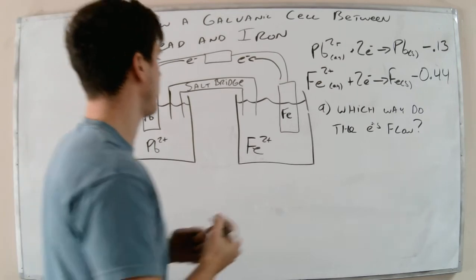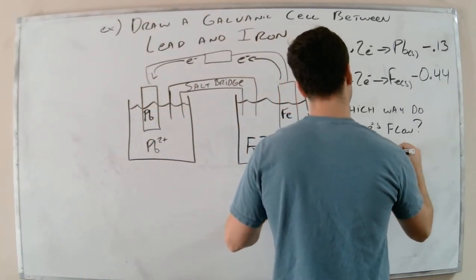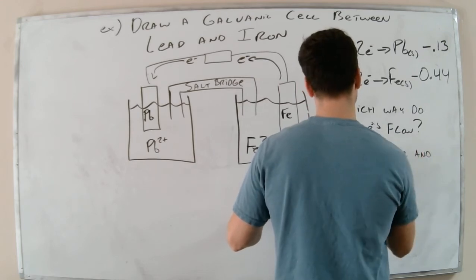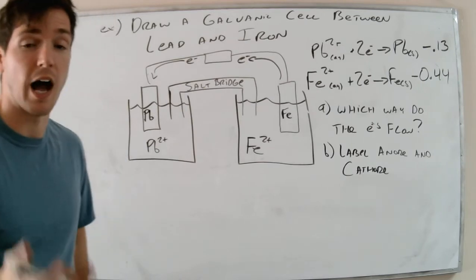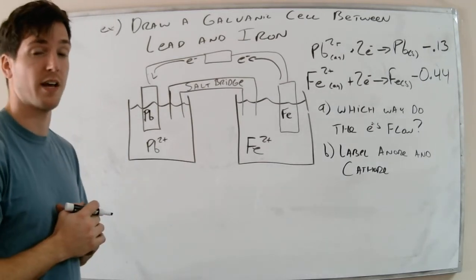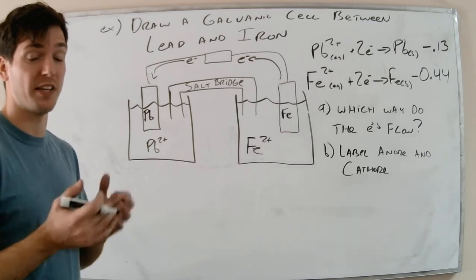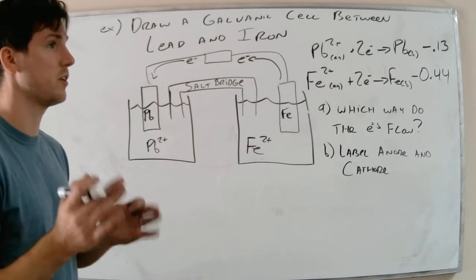So now I might say, label anode and cathode. Well, remember, oxidation happens at the anode. And if we know about LEO says GER, losing electrons is oxidized.